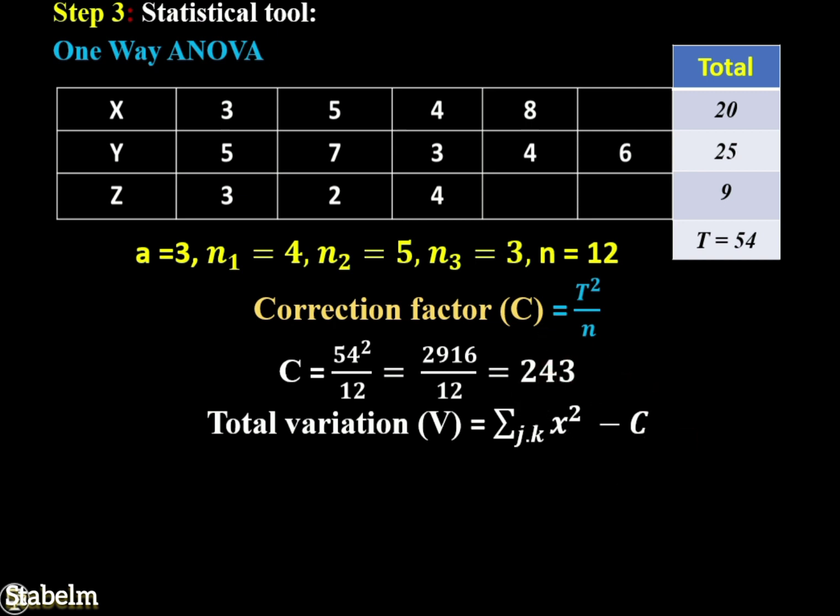The problem now is, how do we get this summation of x squared? This is very easy. Each observation here, we square it, then add everything together. That is 3 squared plus 5 squared plus 4 squared plus 8 squared plus 5 squared.